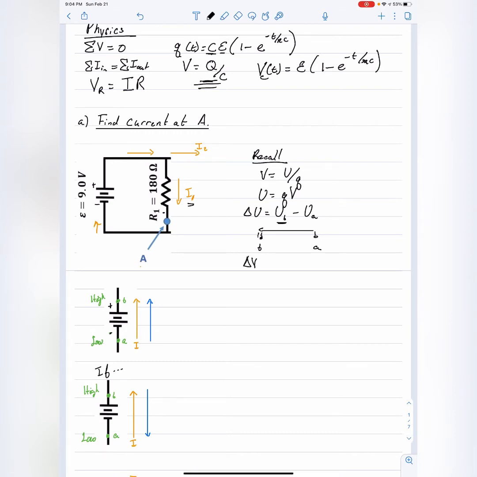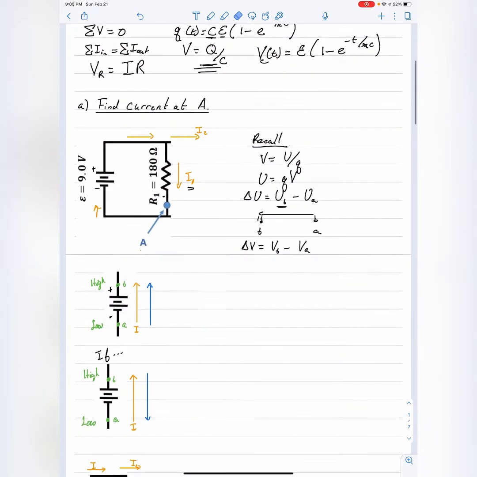And then the change in electric potential is the same way. So we would rewrite VB minus VA. That is equal, by the way, to voltage. So I wanted to highlight that because this is important for Kirchhoff's rule.